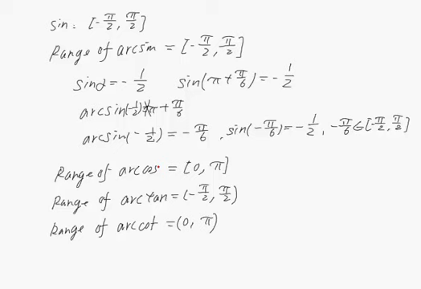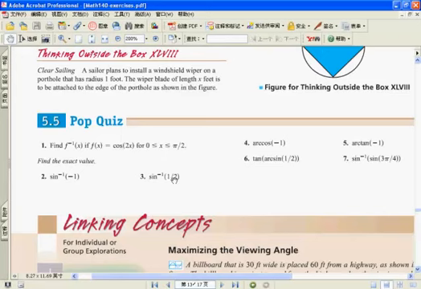And I know you found the problem of finding the inverse function kind of hard, right? So right now let me show you one more example to see how we find the inverse function of a trigonometric function. Let's go to page 487 and look at problem 1 in this pop quiz. Find inverse f of x if f of x is equal to cosine of 2x for x between 0 and half pi.